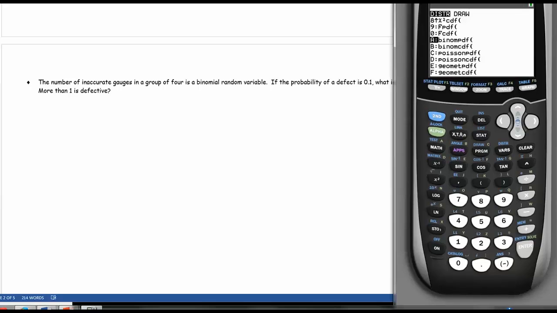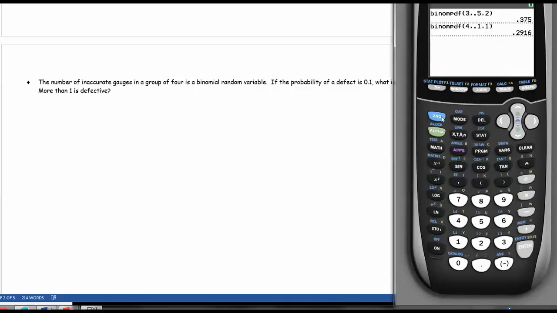Okay, so there were 4 trials. The probability of success in this case was 0.1, and I want exactly 1, what's the probability of just 1 occurrence. And so I type that in. That's what it should look like on the home screen. And we should get the same number we got before.